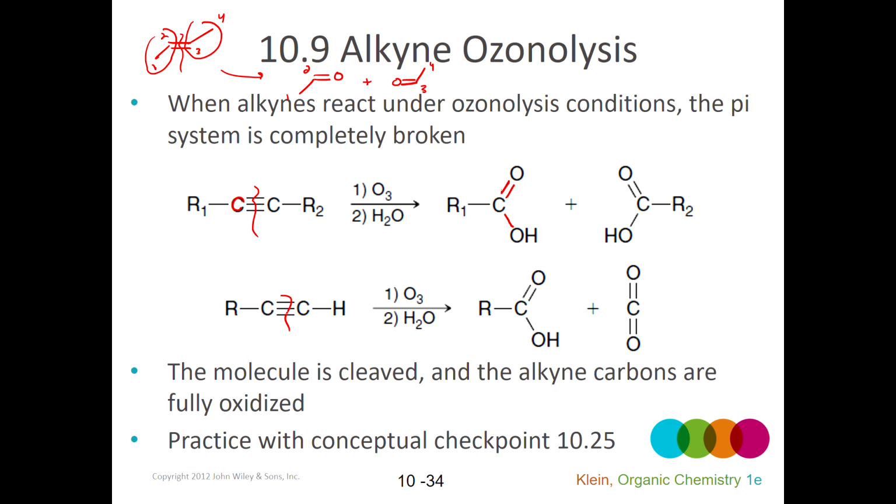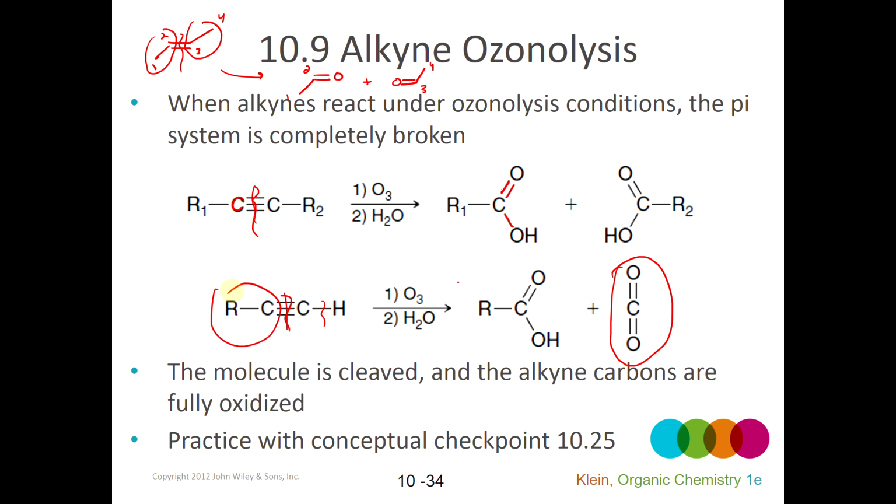If one of those carbons is a terminal carbon, then it also has its CH bond broken and is fully oxidized into CO2, which would then escape and bubble out of the reaction. So just remember that if you have an alkyne and you do an ozonolysis reaction, you're still breaking the full triple bond.